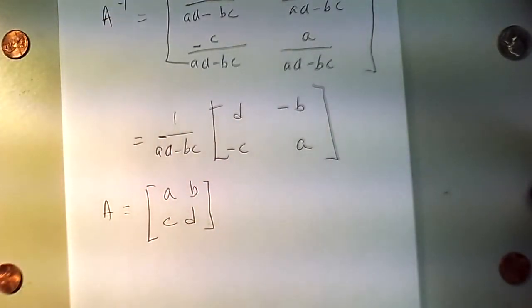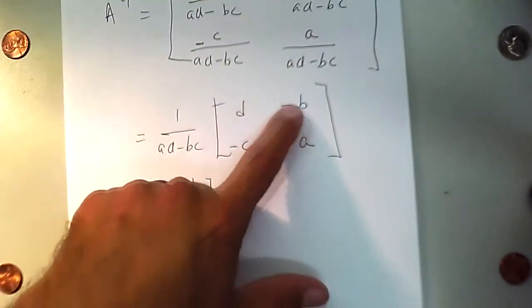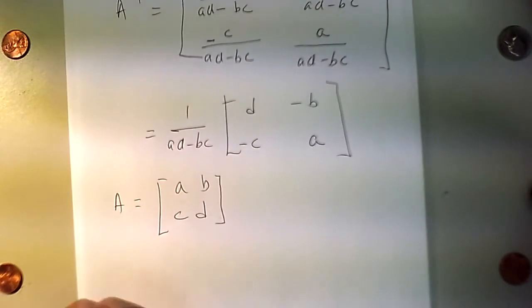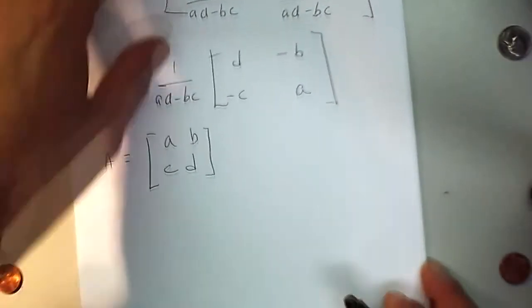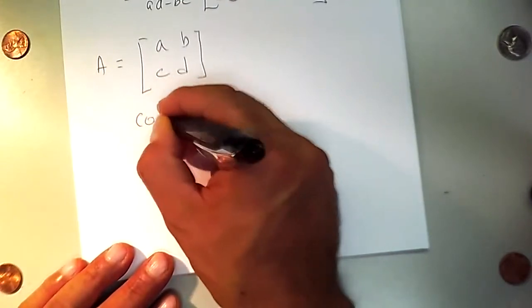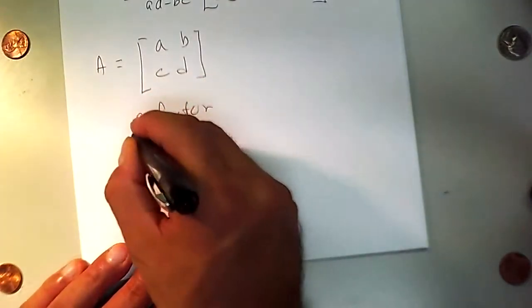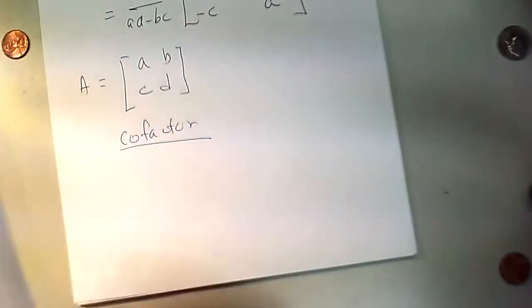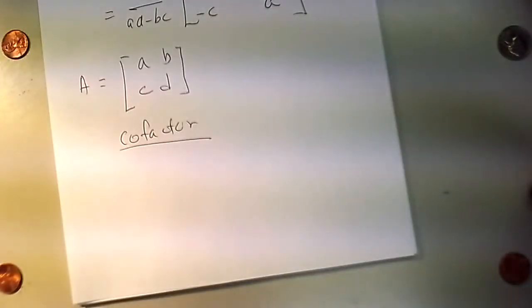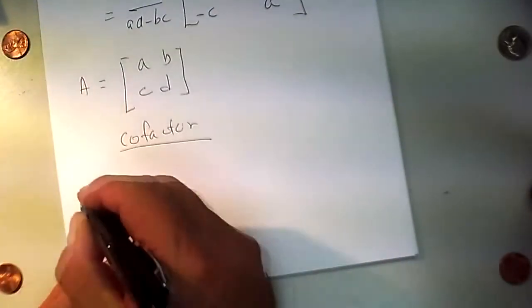Those are the cofactors in here. These are actually cofactors of a 2 by 2 matrix. Let's review what a cofactor is. Cofactor. Okay, and let's give an example just to make sure. This was example 5, so example 6.